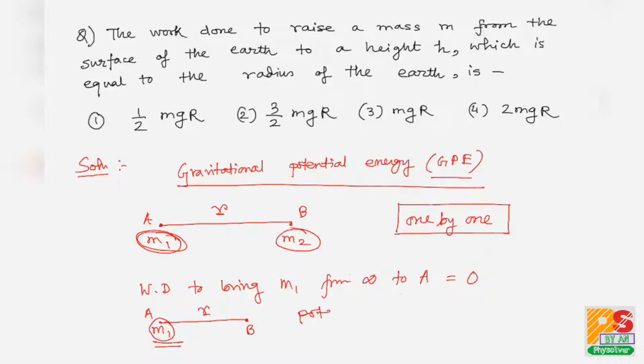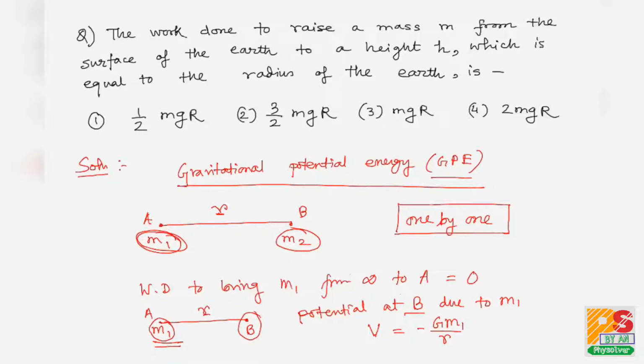The potential at B due to m1, we know the formula for potential is minus Gm by distance, that's the formula, minus GM by r. Here the mass is m1, so the potential at B due to m1 is minus G m1 by r. Remember, m2 is not still at B. Now we are bringing m2 from infinity to point B, that is the position of m2.